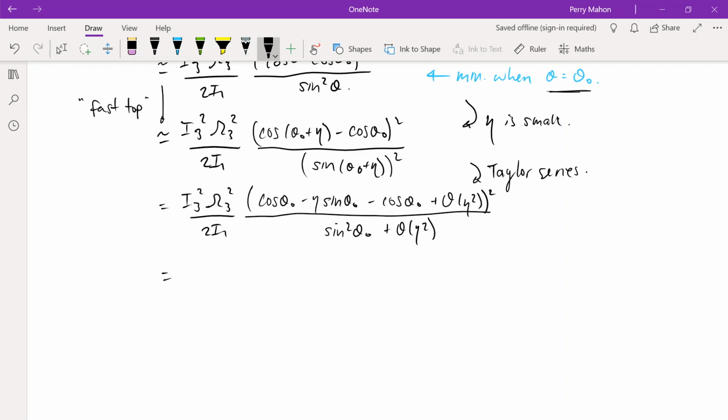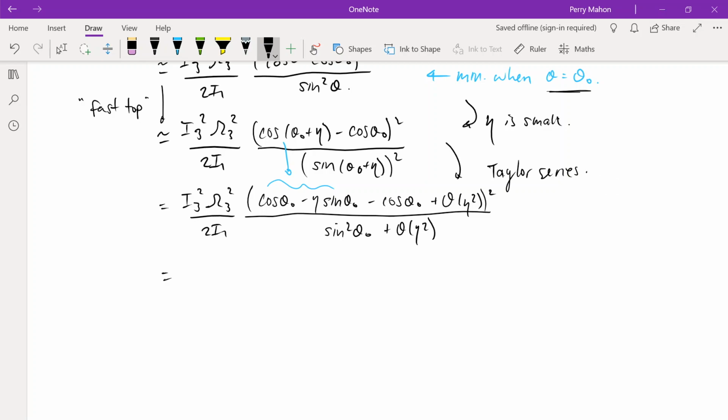Right, so this here is the Taylor series expansion of the cos term, as well as some order eta squared stuff, which we will neglect.